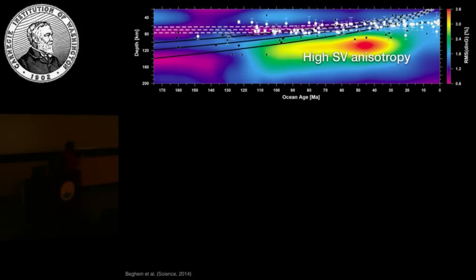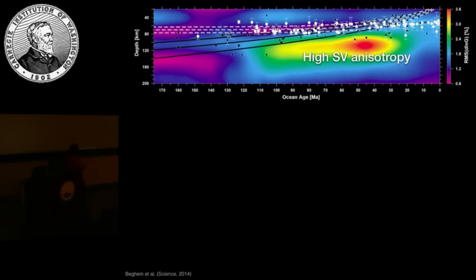So this is the amplitude of the anisotropy as a function of depth in the top 200 kilometers, and that's the ocean age. In this case, it increases from right to left. So we're basically near the ridge here, going toward older ocean, and it's averaged over the entire plate, so it's not just one path.